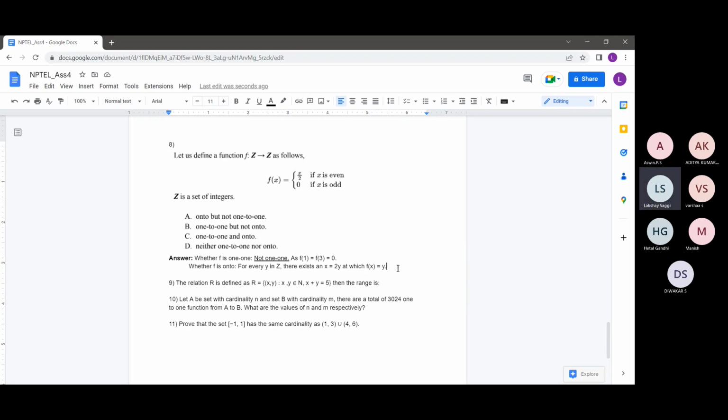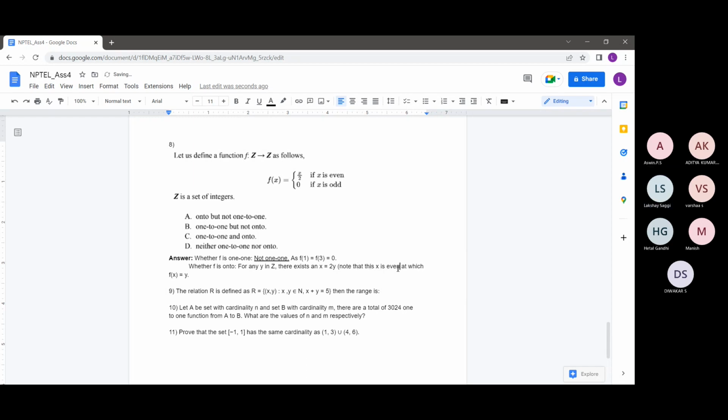So for any y in Z, there is an x equal to 2y. Note that this x is even, so f of x is equal to x by 2.